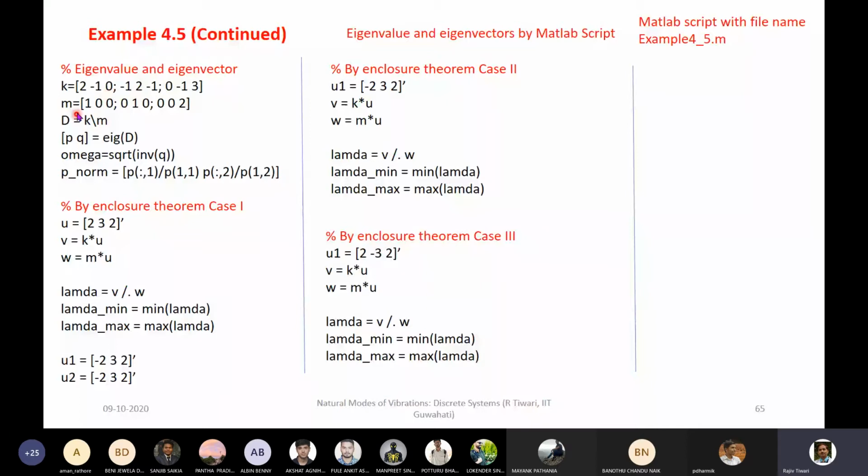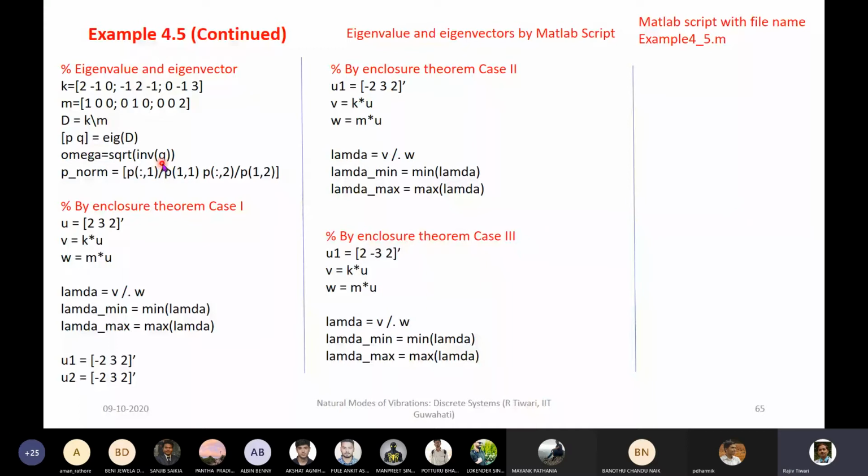This is the mass matrix, 3 by 3 matrix. This is the E matrix for finding the eigenvalue. And then this is the eigenvalue command, in which we use the D matrix here to find the eigenvalue and eigenvector. So this Q gives the eigenvector.